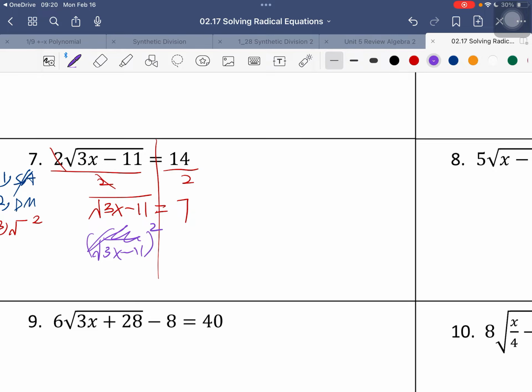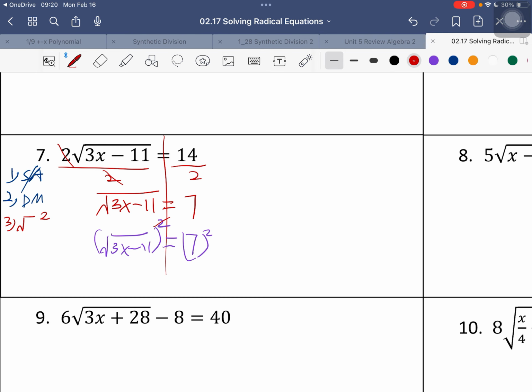Every time the square root is inside, there's only one answer, because square root cannot be negative. Then 7 squared. Now square root cancels out. Leaves me 3x minus 11 equals 7 squared. Refer to the perfect squares cheat sheet, it is 49.